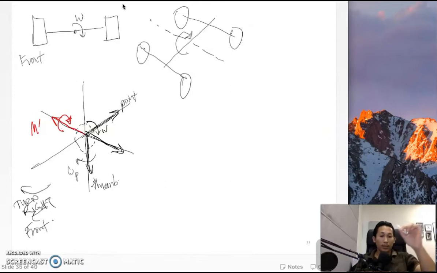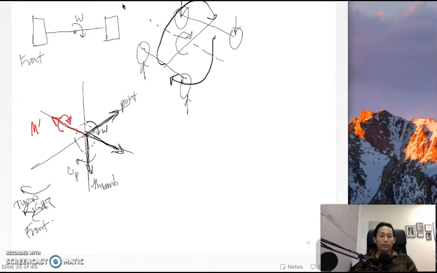That means the gyroscopic couple will press the rear wheels and lift up the front wheels, resulting in the rear wheels being pressed and the front wheels being lifted.